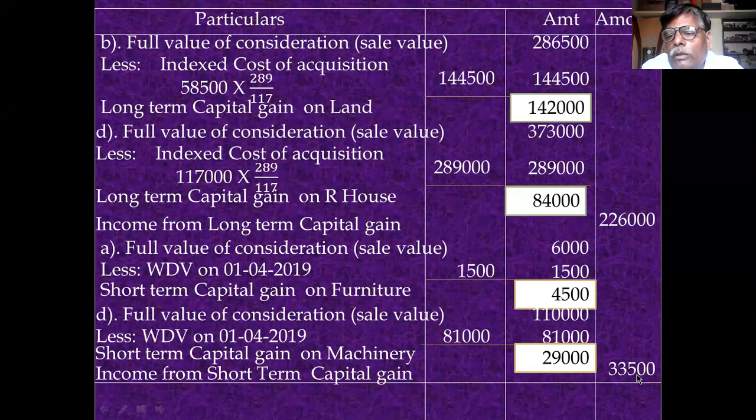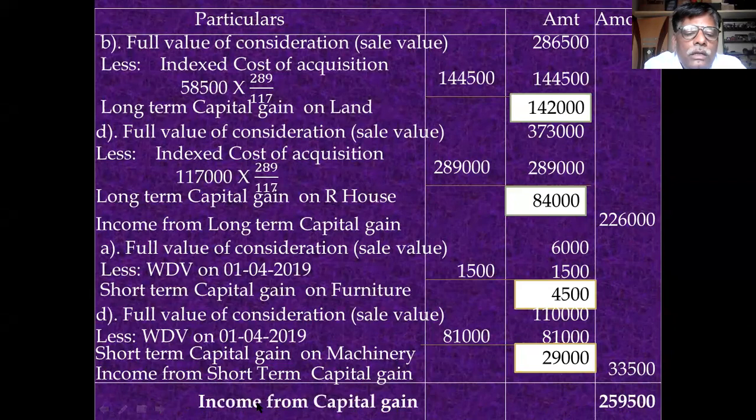This is the point you remember. The total is 2,59,500. This is called income from capital gain. Long-term capital gain plus short-term capital gain is equal to total capital gain. In this way you calculate.